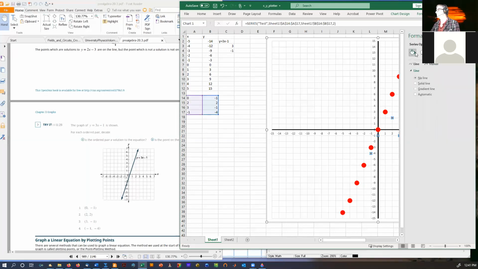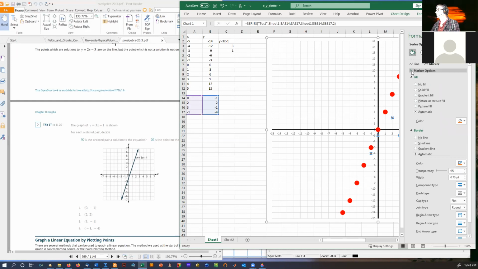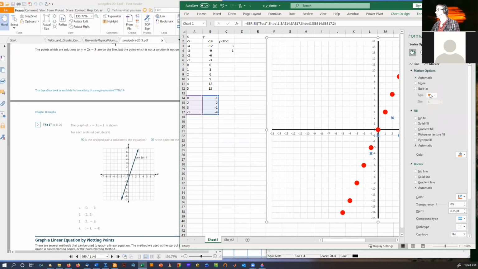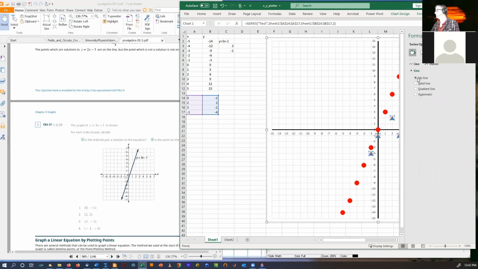Okay. Marker. Options. And so we'll make them blue, and with the line, we'll make that.